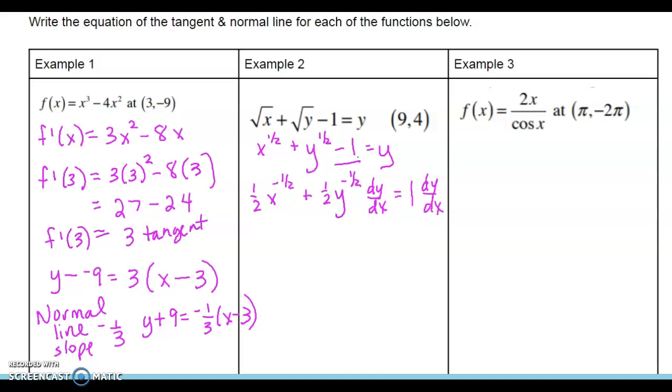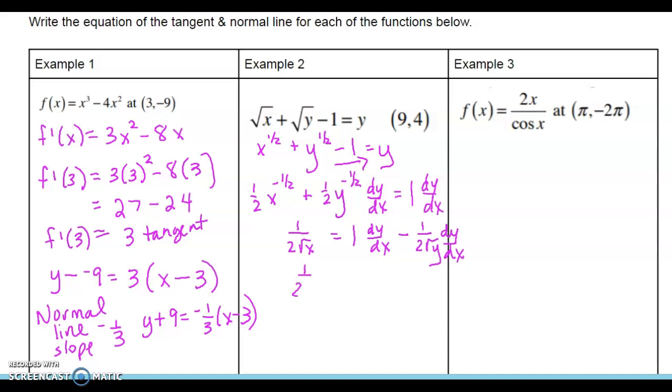So I need to get my dy dx terms on the same side. I'm going to leave this alone. I'll rewrite it in the process. And I get 1, and then we'll subtract. I'm just rewriting it. Okay.